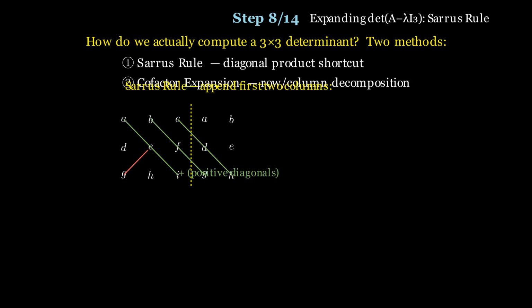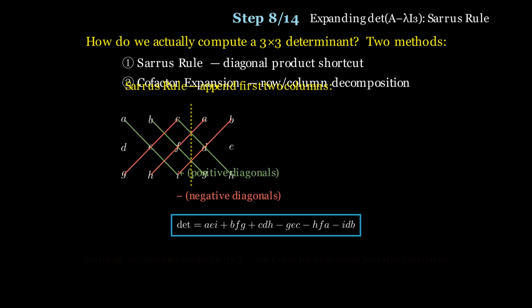The three downward diagonals, AEI, BFG, and CDH, are added with a plus sign. The three upward diagonals, GEC, HFA, and IDB, are subtracted. The Sarrus formula is det equals AEI plus BFG plus CDH minus GEC minus HFA minus IDB.